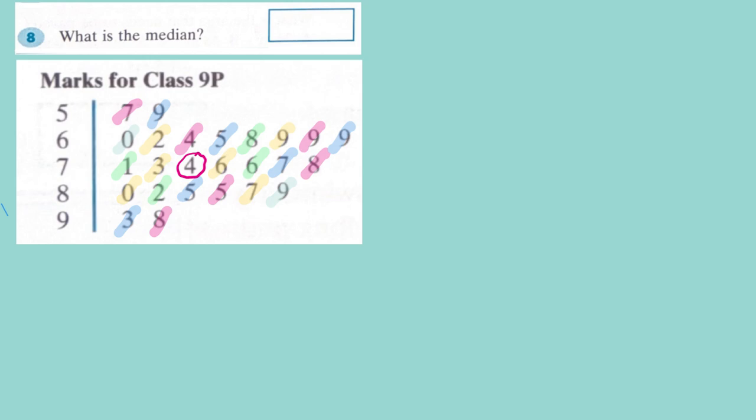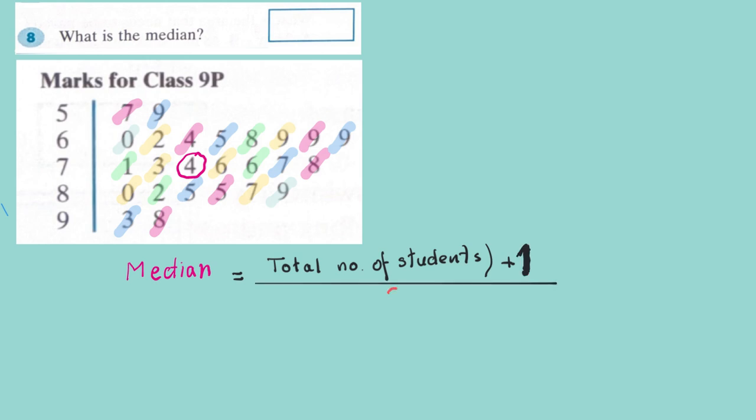This can be a little bit tedious, especially if you've got a lot of numbers. So now comes the formula. Median is the total number of students, and then we need to add one extra student. This is important that we add an extra student here, and divide by 2.